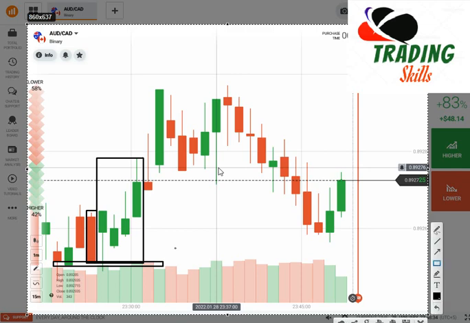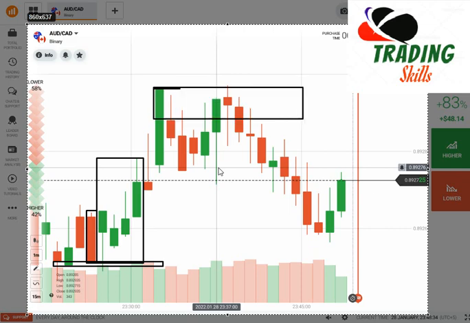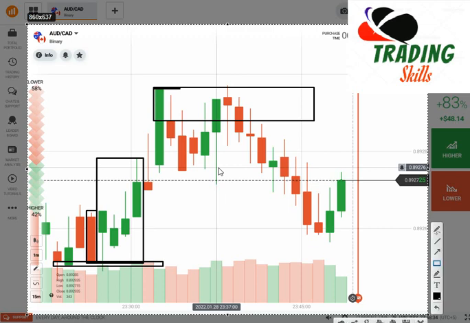Okay, so now if I want to ask you that you need to draw a resistance here, so what will be your answer? You can see this is the closing price of the bullish candle. Now there is a very big gap down opening, so set the line here and try to drag the line and try to set the line like this.